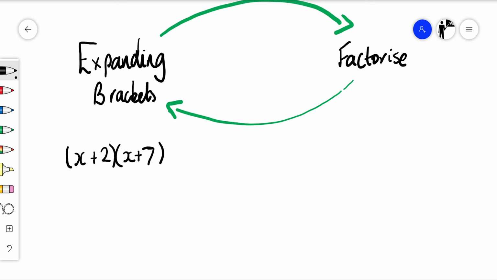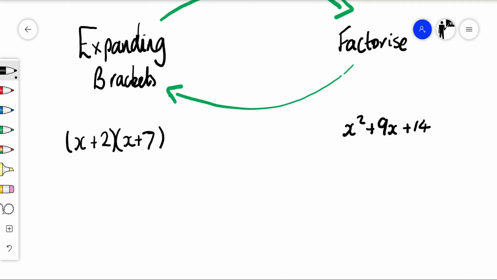If we were to multiply that out, that would become x squared plus 7x plus 2x, so that's plus 9x, and then 2 times 7, sorry, is 14. Okay, so there's one example. All we've done there is multiply out that set of double brackets.